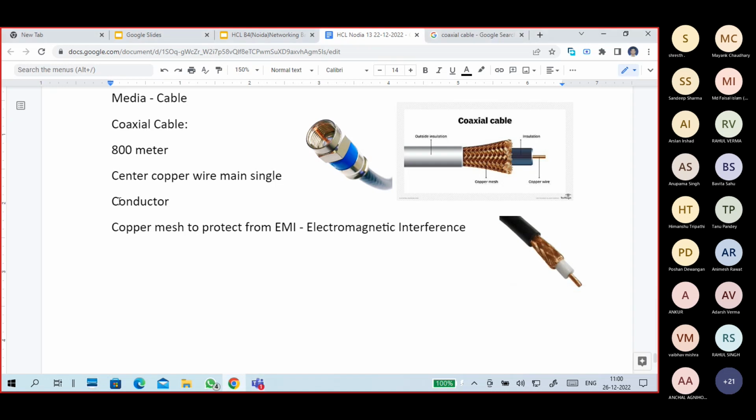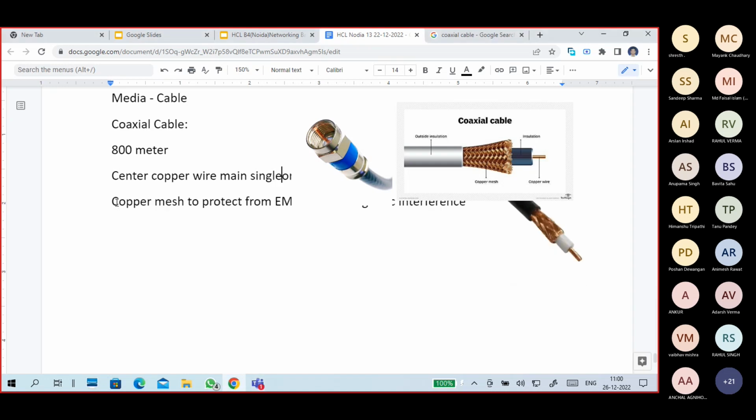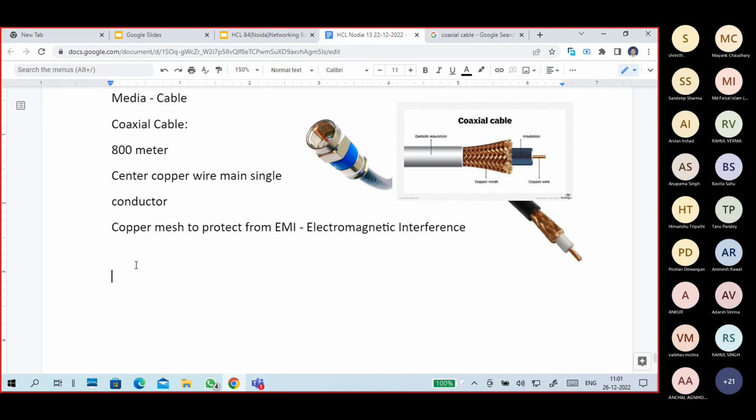So this is electromagnetic interference. We are not using these coaxial cables currently for networking.